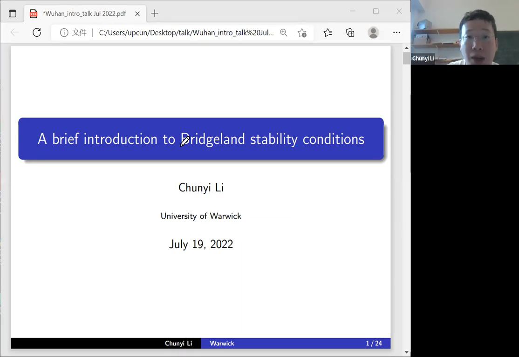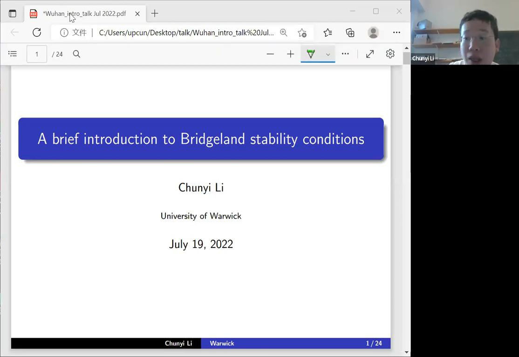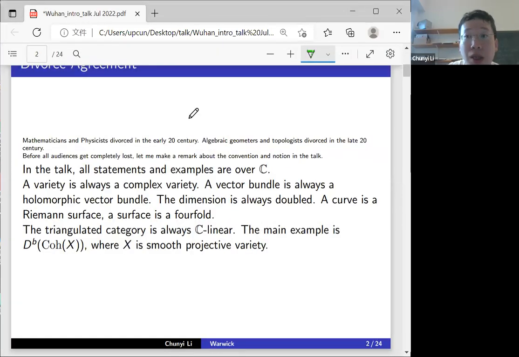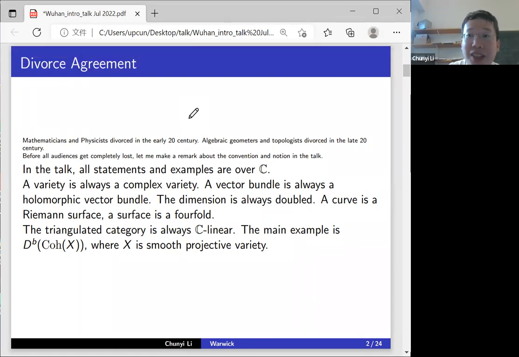Before we go to the main content, let me make this probably redundant remark for all the algebraic topologist audience here. You all live in the real world, but I'm a complex algebraic geometer.